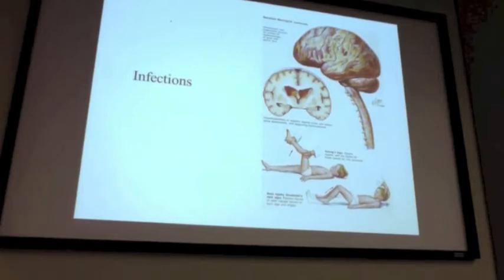Another way you can get an infection is with meningitis. I think y'all probably had a vaccination for meningitis. Meningococcal meningitis occurs when people are in dormitories close together.